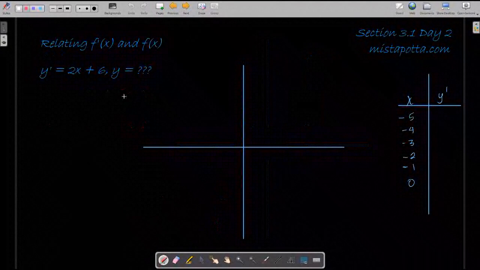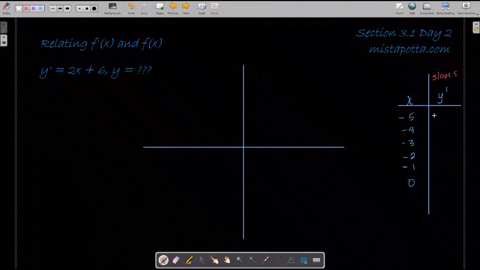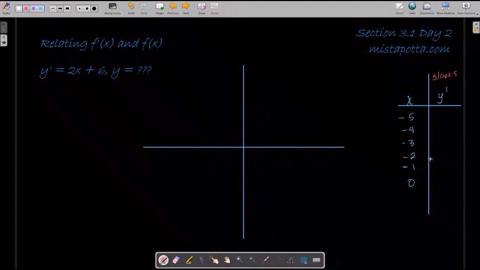So let's say I know my derivative function is y prime equals 2x plus 6, and I want to know what the behavior of my original graph is. So keep in mind that, again, y primes are slopes of tangent lines. And so when I'm calculating in this table, I'm actually calculating slopes, not necessarily y values.